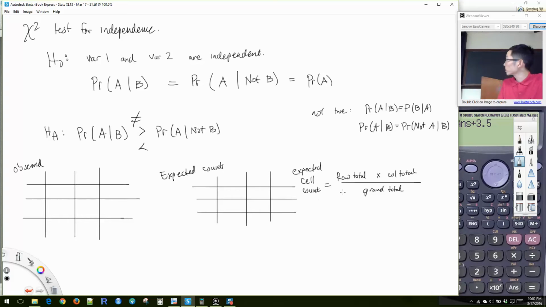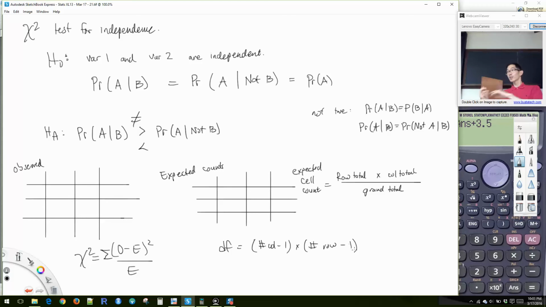The expected cell count is that. Your chi-squared statistic, observed minus expected, quantity squared over expected, summed up. Degrees of freedom, number of columns minus 1 times number of rows minus 1. Whew. All right. I think that's everything.